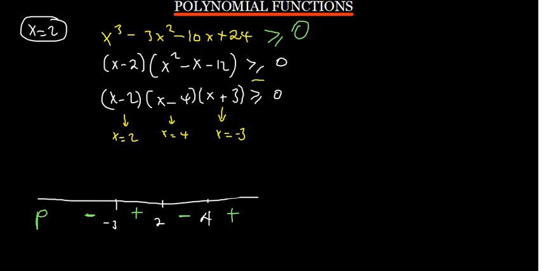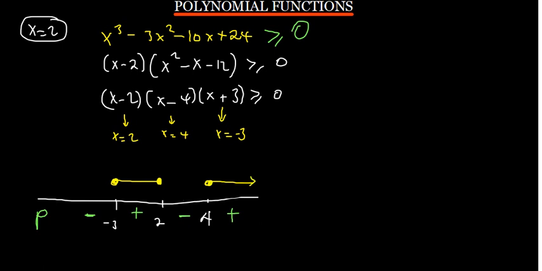Now remember, you want what is greater than 0. Something greater than 0 is positive, meaning that our solutions will lie where the function is positive. Where is that? Between negative 3 and positive 2 and from 4 up to infinity.